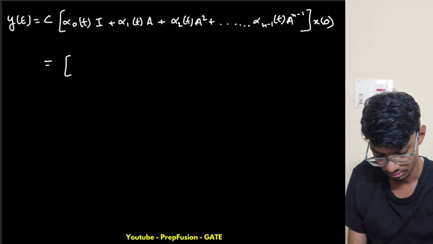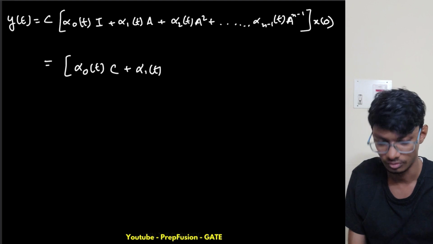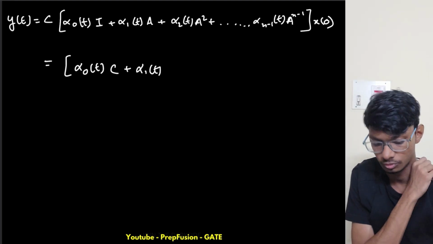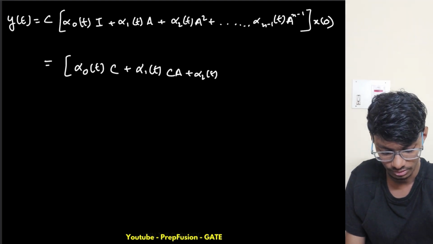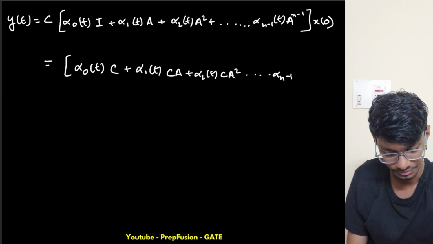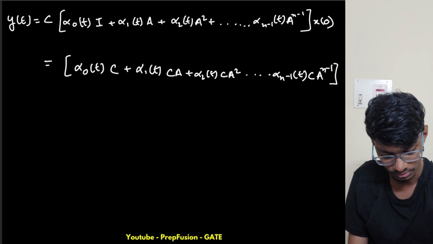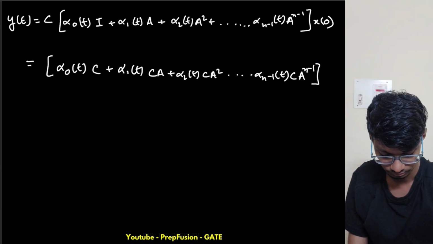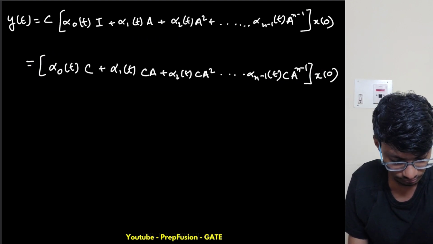So alpha 0 of t is here itself times C. Alpha 1 of t can go outside, since it is just a time value, so I have C times A. This keeps on continuing, alpha 2 of t into C times A squared, up until the last element, alpha n minus 1 of t into C times A raised to power n minus 1, and this is x of 0.